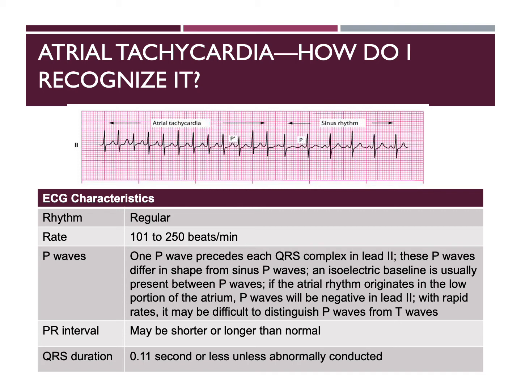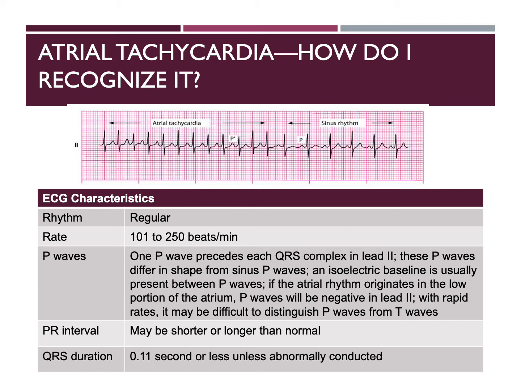So AT that starts or ends suddenly is called paroxysmal supraventricular tachycardia, or PSVT. Once it was also known as paroxysmal atrial tachycardia. Now, PSVT may last for minutes, hours, or even days. And if the onset or end of PSVT is not observed on the ECG, the dysrhythmia is simply going to be called an SVT.